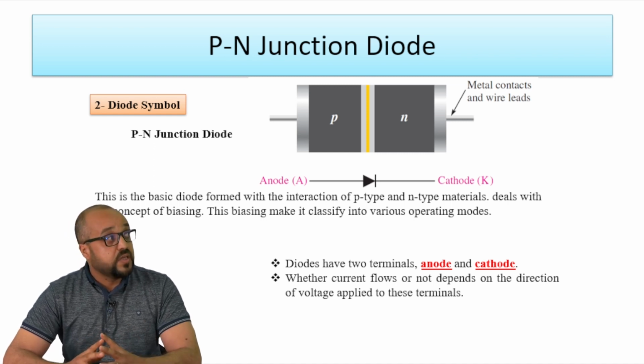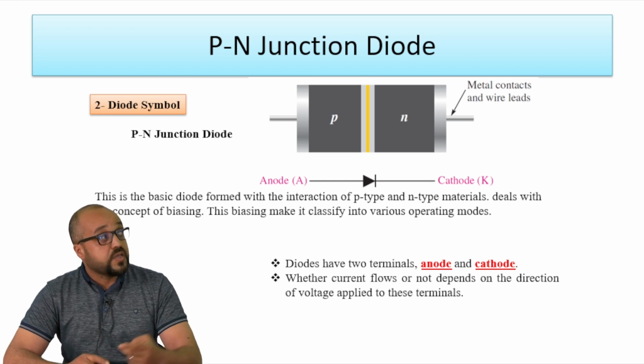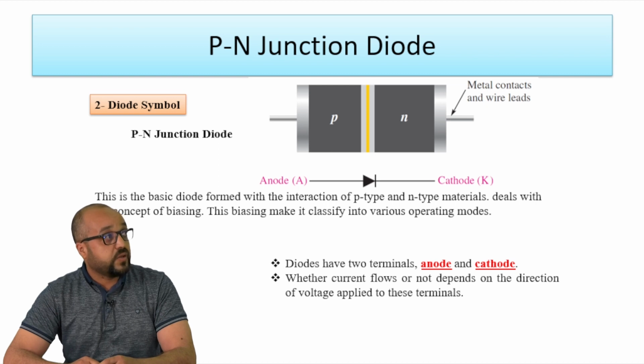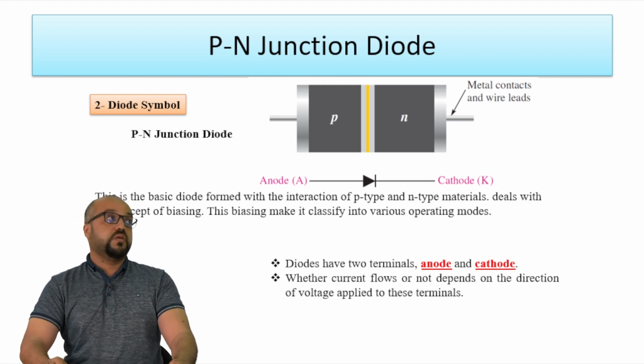In fact, the diode has two terminals. As we see in the picture, on the left we have the anode, and on the right we have the cathode. Whether current flows or not depends on the direction of the voltage applied to these terminals.